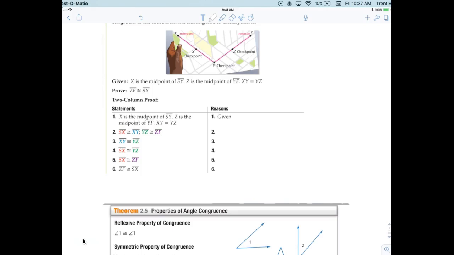In other words, simply by defining the midpoint, we know that's true. Does everybody hear me? Yes. So we would write as our reason, what do you think? Definition of midpoint. We would write definition of midpoint. Everybody agreeing with that?